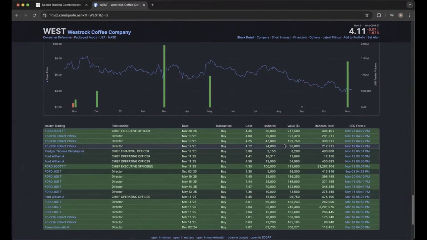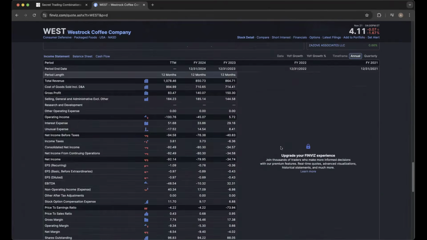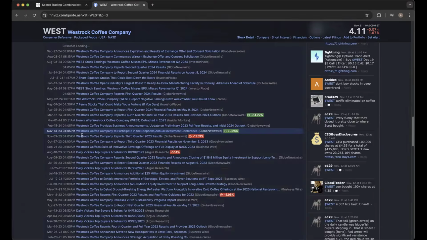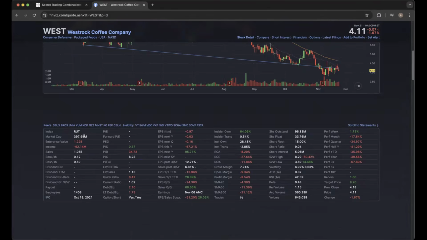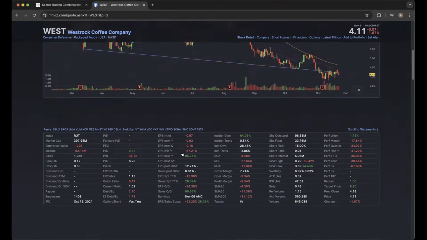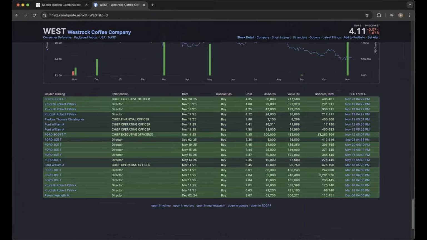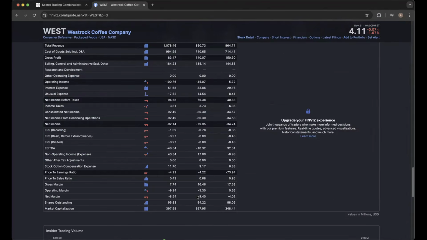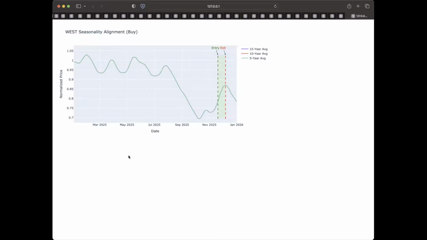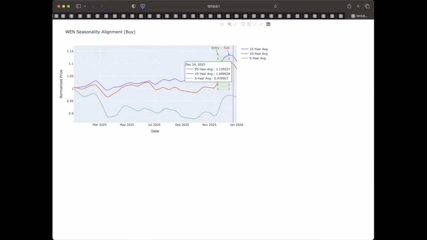Comparatively, from the 19th they probably bought just slightly over 700,000, but the entire asset is worth 397 million, so it's a drop in the water. It might move up, but as I said, it's showing me less than 5 years of data, so I'm not really going to touch this asset. WEST is not on the line for me to touch.